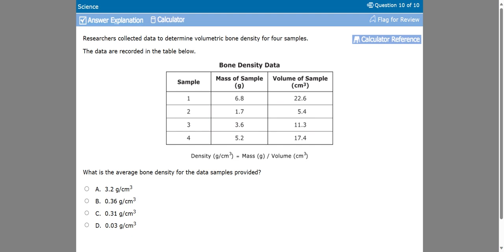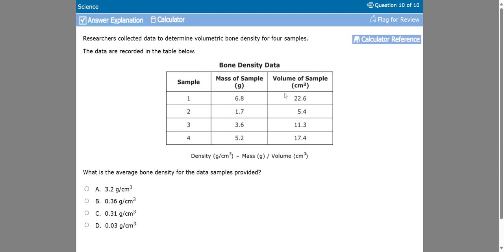If it's asking for the average bone density, you're not just taking 6.8, 1.7, 3.6, and 5.2, adding these together and dividing by 4. Well, that's going to give you the average of the mass of samples in grams.